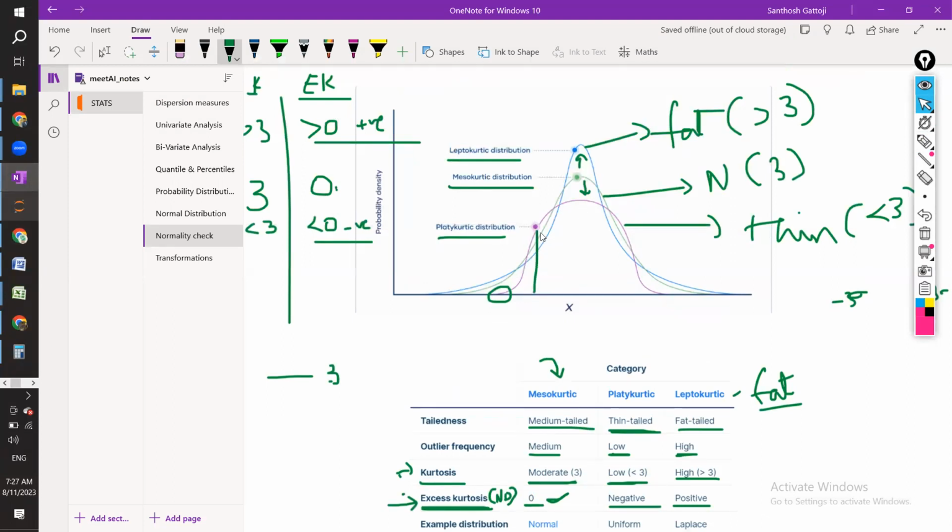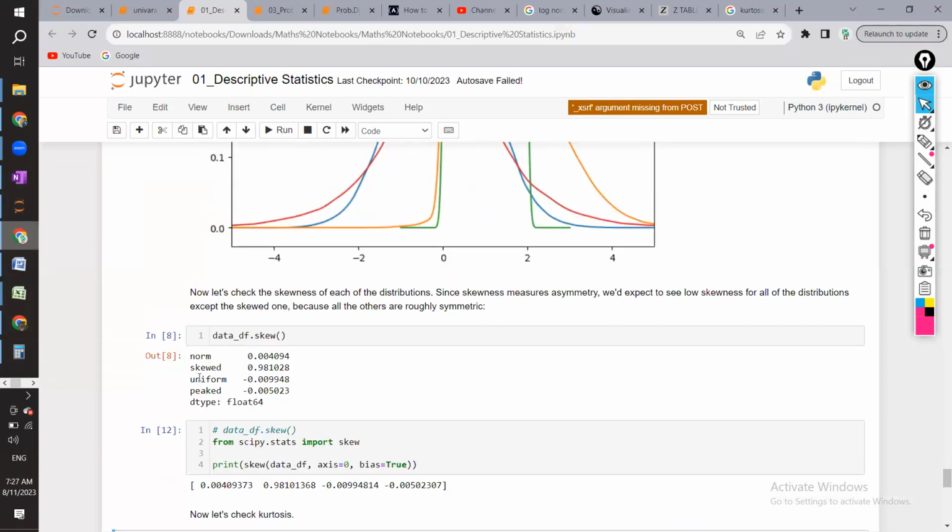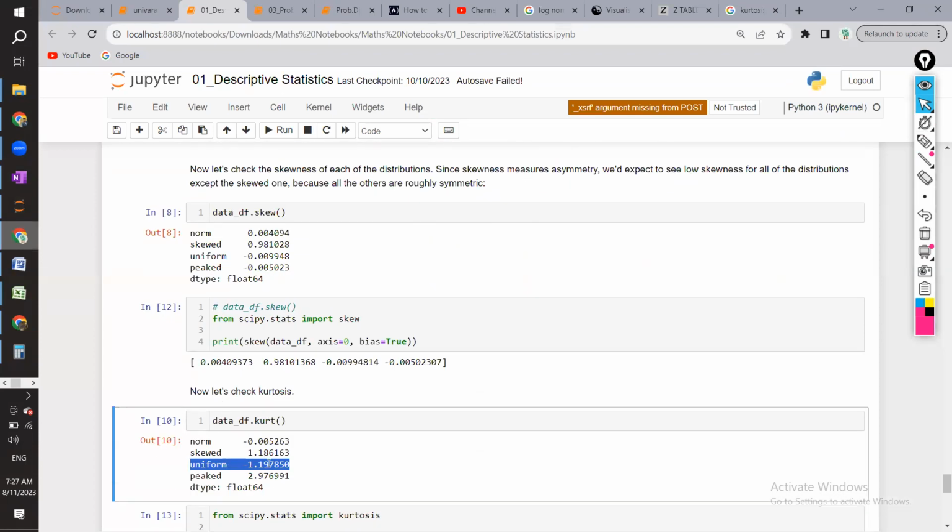This is not the tail; this is just an indication. The actual distribution starts from here. So there are no tails over here. Agree? That's why you will have the negative value for the excess kurtosis. So the uniform kurtosis is a negative value.